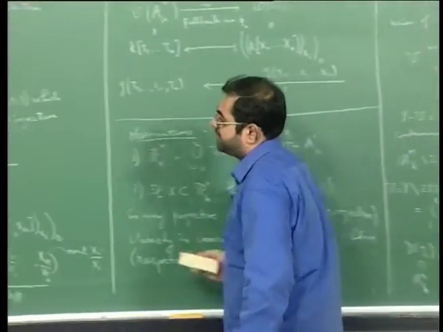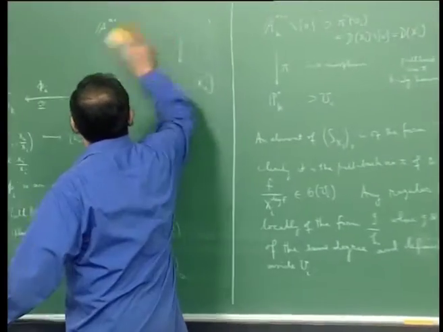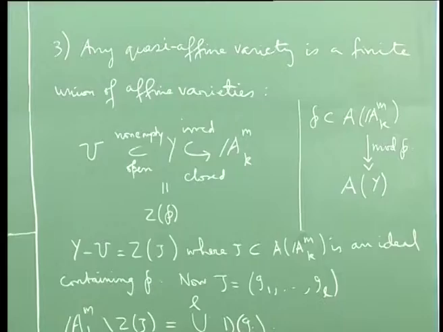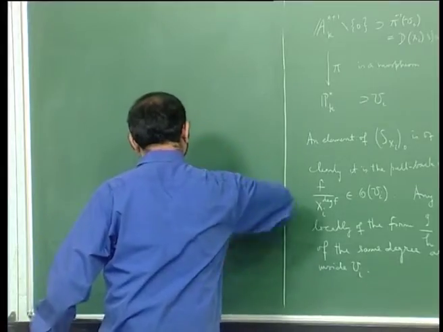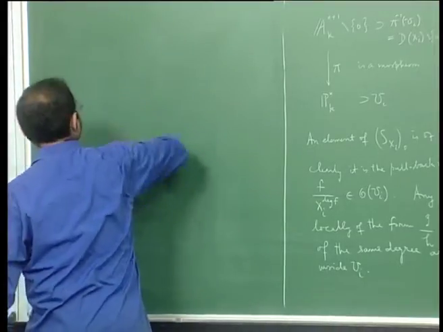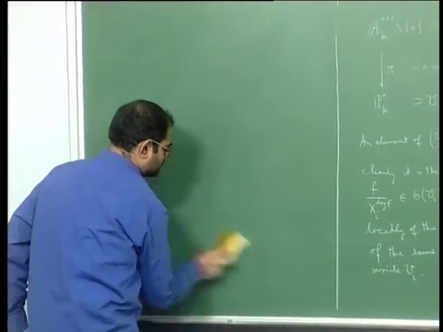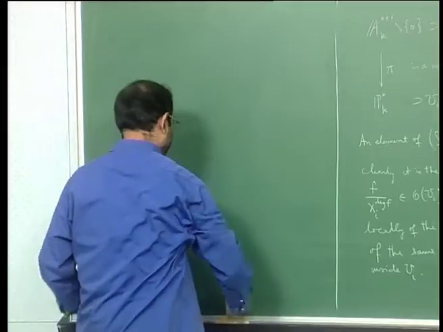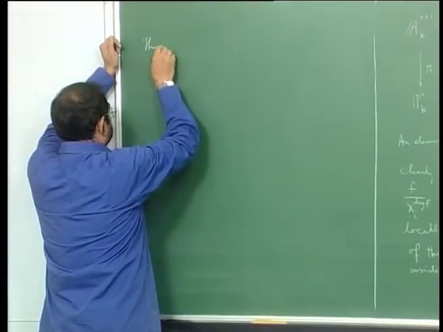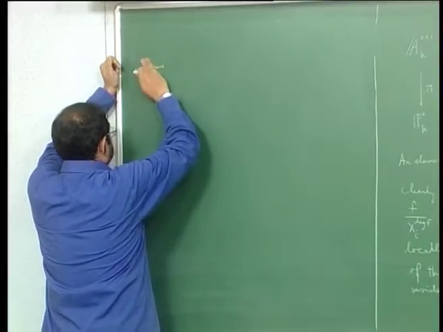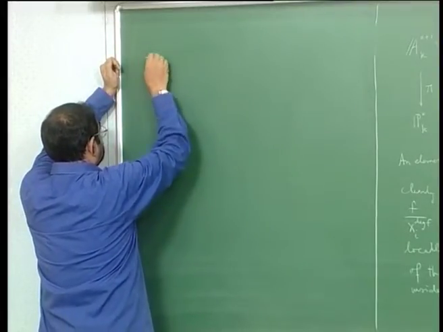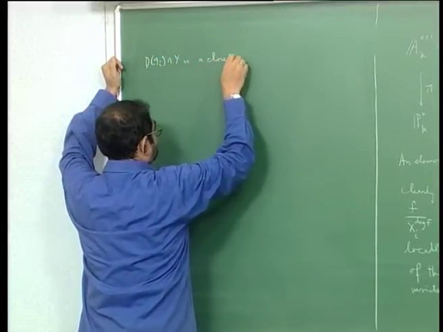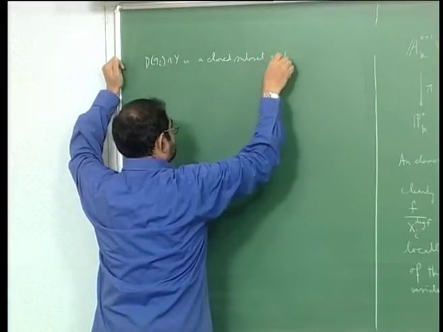So let me write that down here, that is very important. Thus D(gi) intersection Y is a closed subset of D(gi).